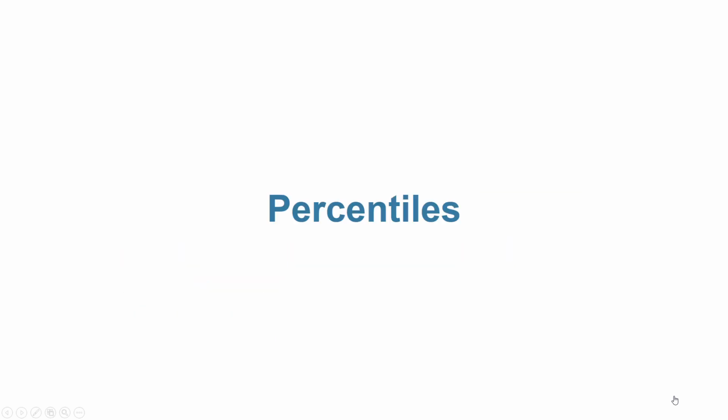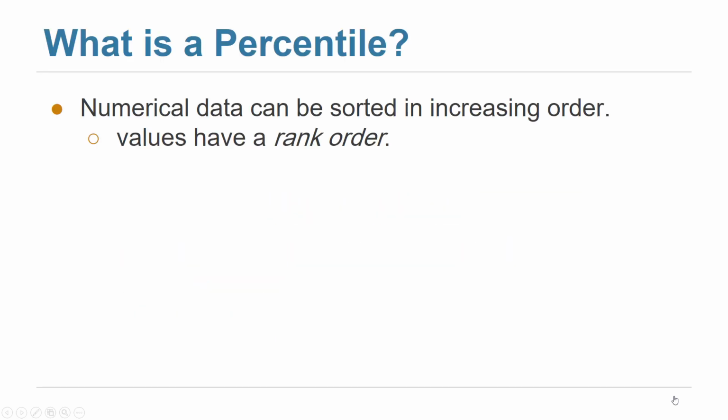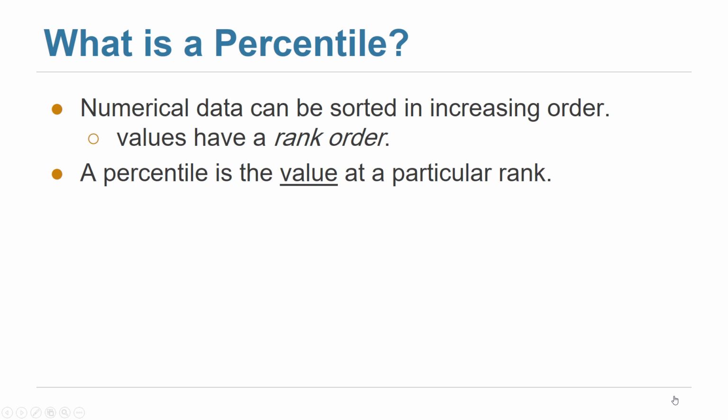Let's start with percentiles. So what do we mean by a percentile? Given values in a data set that are numerical, we can sort these values in increasing order. Once we do that, the values will have what we call a rank order. So we can know which value is at rank 1, which value is at rank 5, and so on. Given that, a percentile is the value at a particular rank.